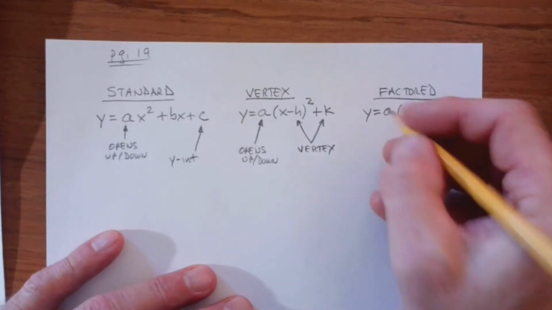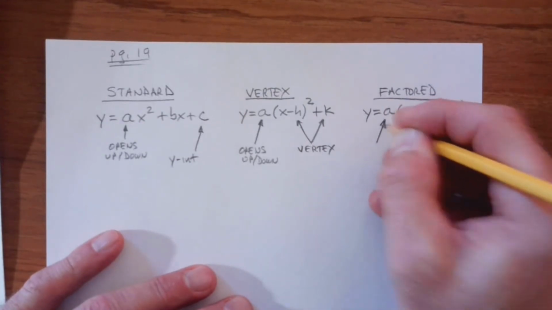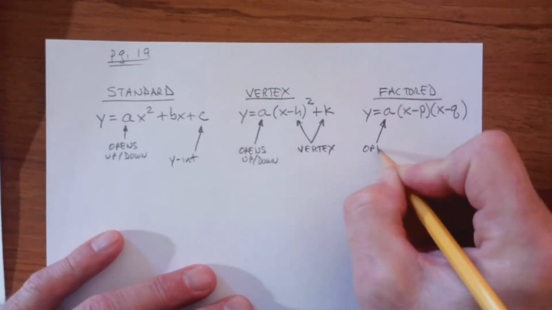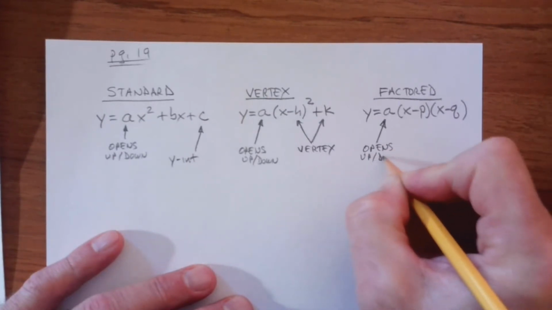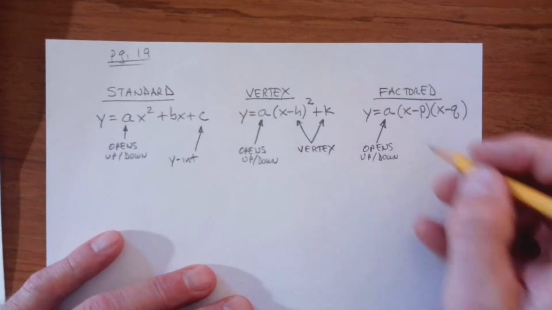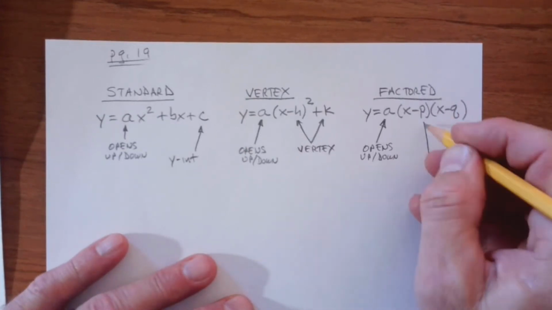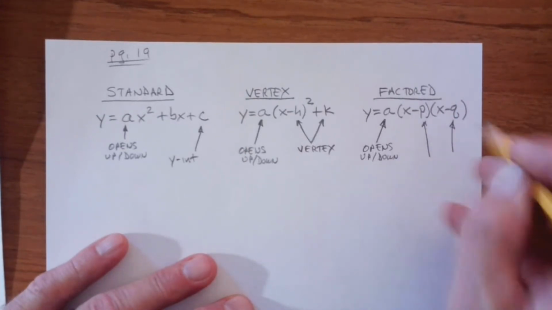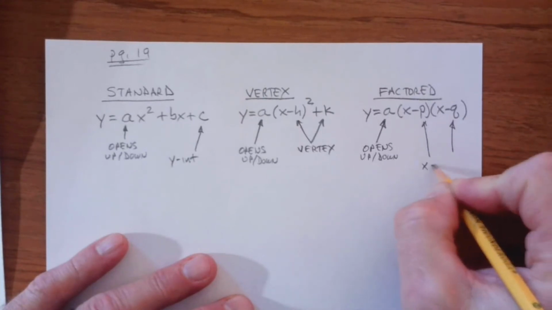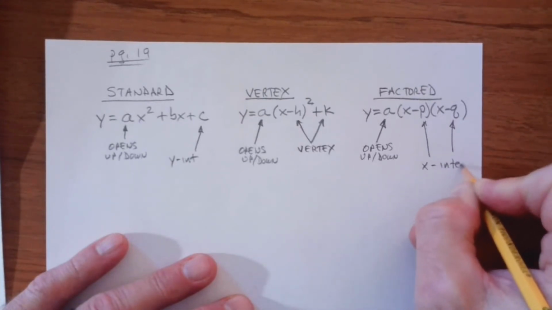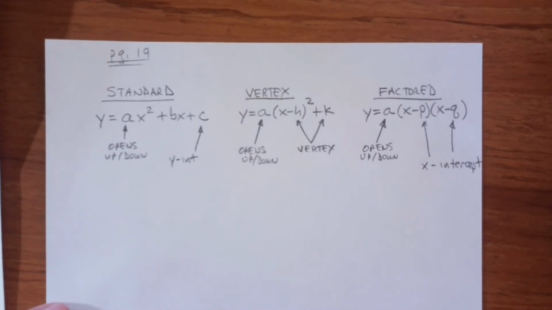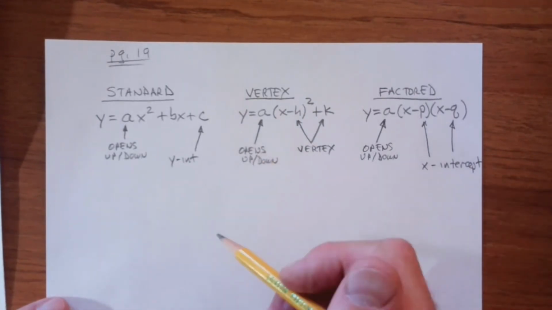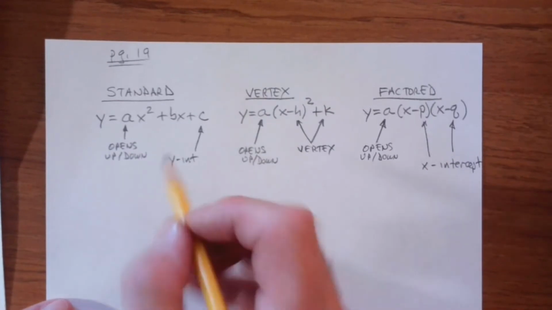Lastly, in the factored form, again we have the a, which tells us whether it opens up or down, and then we get the two x-intercepts. So each of these gives us a different piece of information.